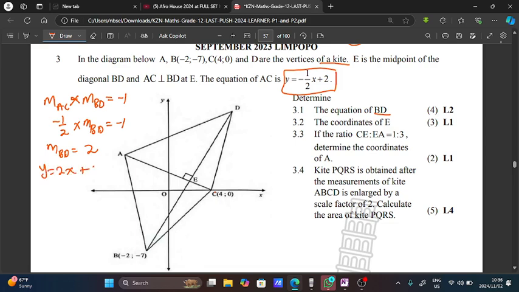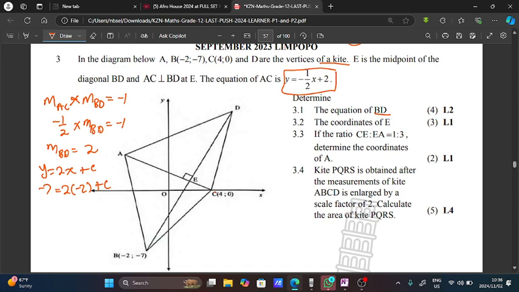Now they want the equation. So y equals 2x plus c. We know the point B, so we substitute: negative 7 equals 2 times negative 2 plus c. Negative 7 and then positive 4.